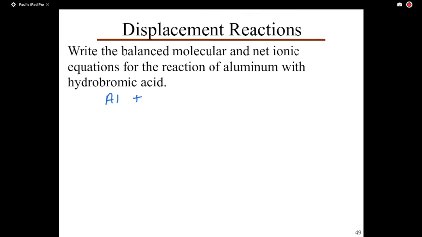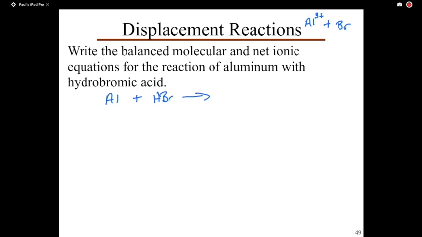So aluminum plus hydrobromic acid will yield, okay, aluminum will react and give up all of the electrons it can. How many electrons does aluminum like to give up? What charge does it become? A +3. All right. What is the anion that is in this solution?